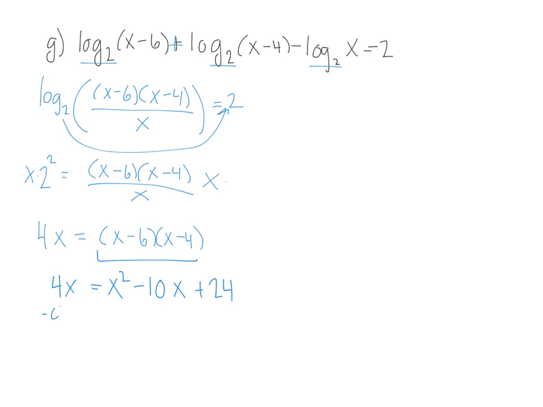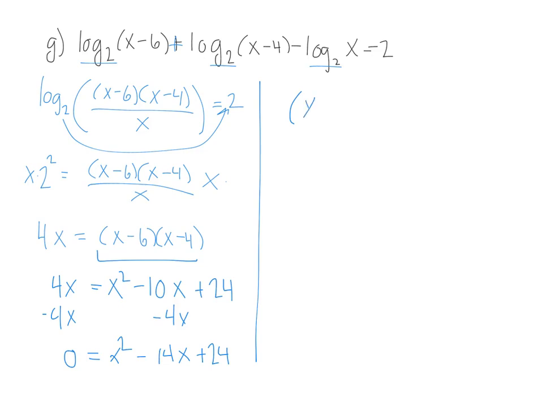So let's subtract the 4x over, and we get x squared minus 14x plus 24. And we get to factor that.